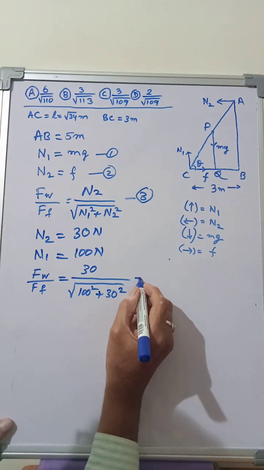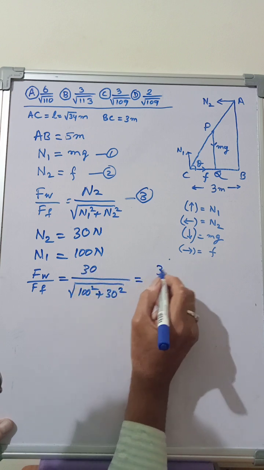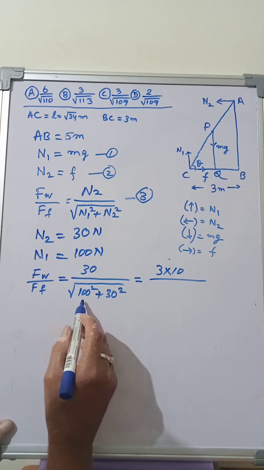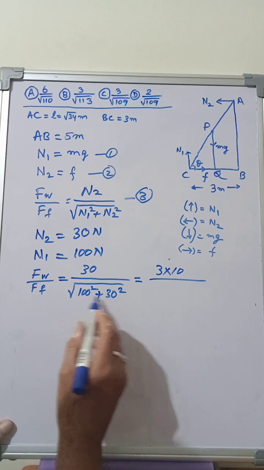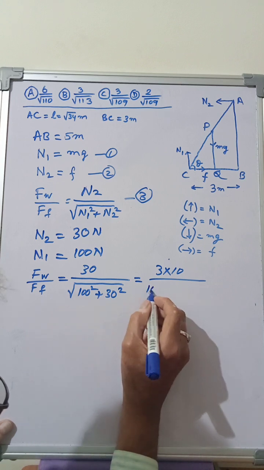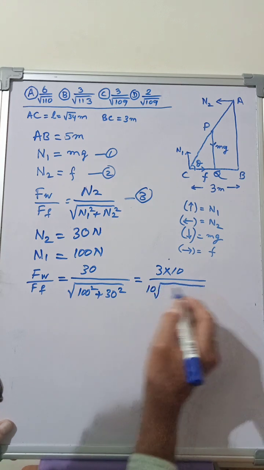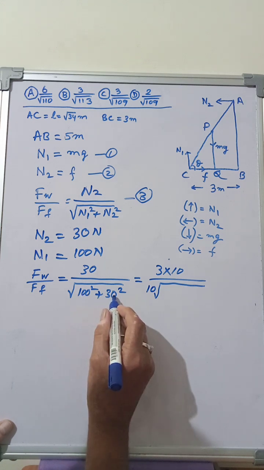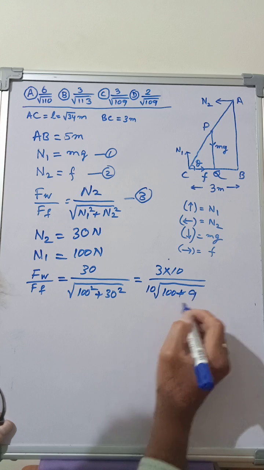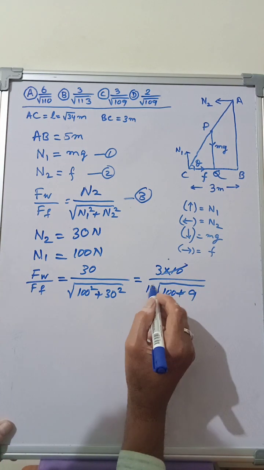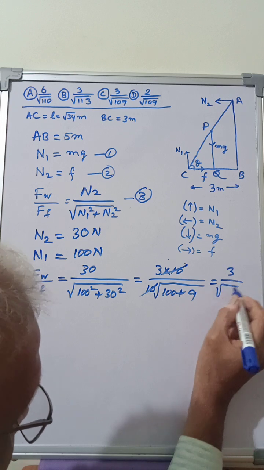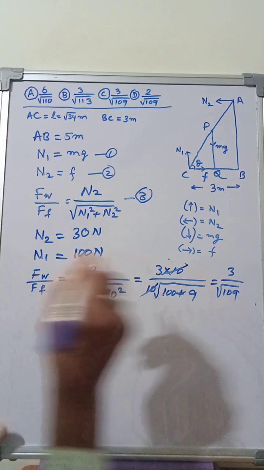Now, this 30 can be written as 3 into 10, and in the denominator under root we have 10 square common to both, which comes out as 10. 10 into root over 10 square plus 3 square. 10 square is equal to 100 plus 3 square is equal to 9. And 10 and 10 get cancelled, therefore we get 3 divided by root 109.